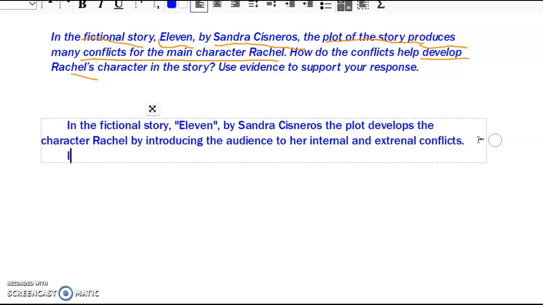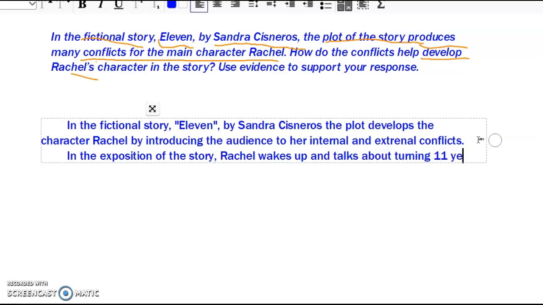So we need to start with, in the exposition of the story, Rachel wakes up and talks about turning 11 years old. She states she does not feel 11.